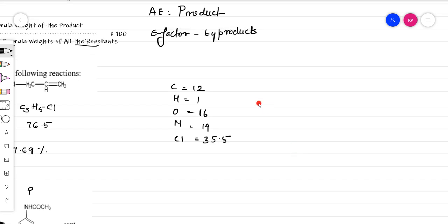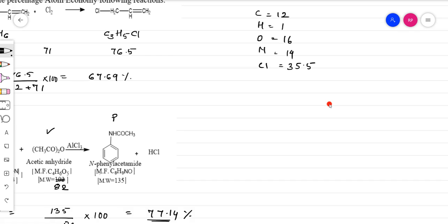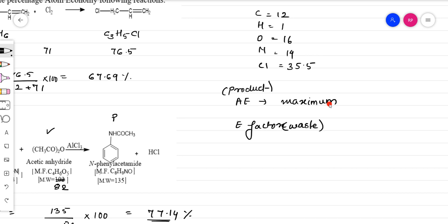And about E factor, that I was going to tell you: when we compare atom economy and E factor, both are very important from the green chemistry point of view. Atom economy is related to product, so product should be maximum, and atom economy should be maximum.